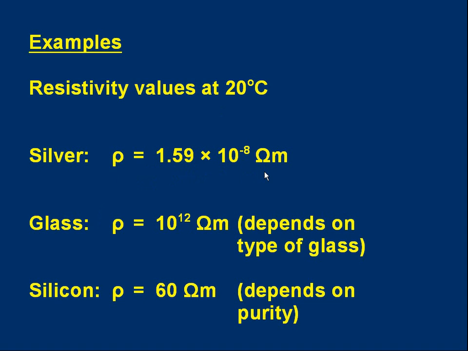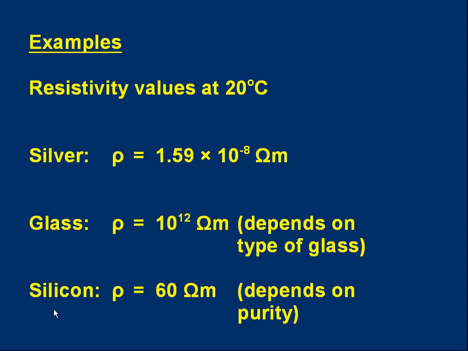That's a very small value. Silver is a very good conductor, and metals have small values of resistivity because they're good conductors. An insulator like glass will have a high value. There are many sorts of glass, but as a ballpark figure, the resistivity of glass is about 10 to the 12 ohm meters, a big number.